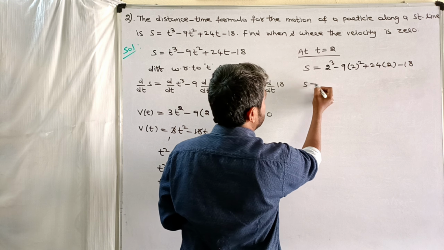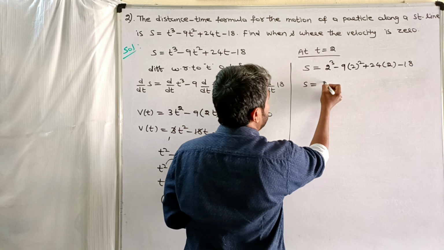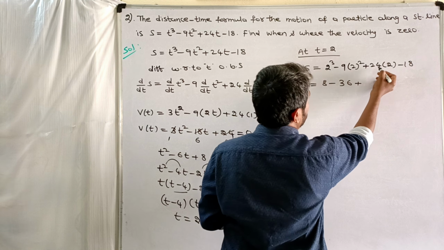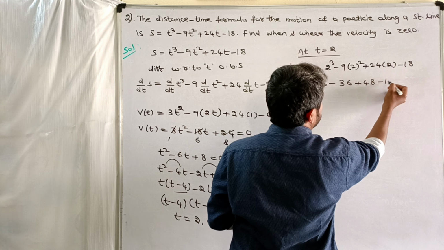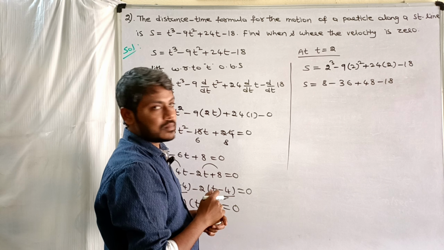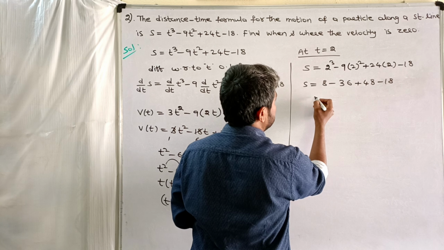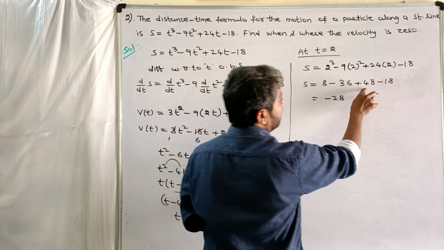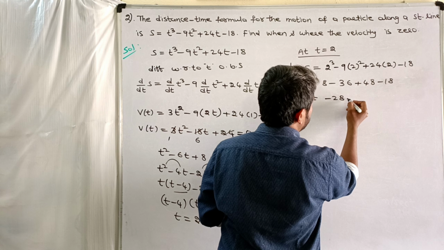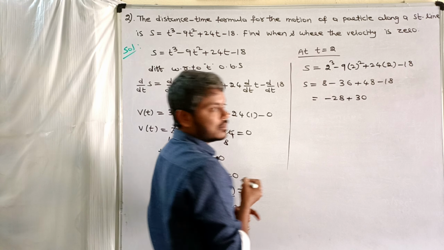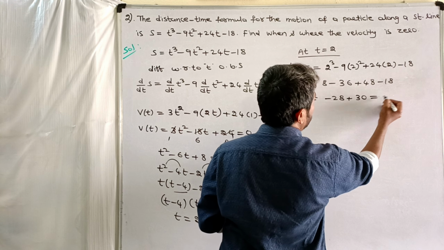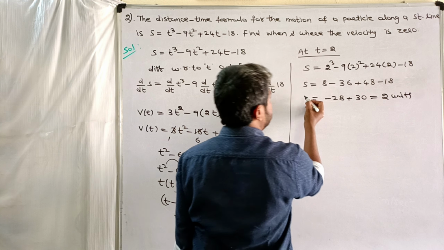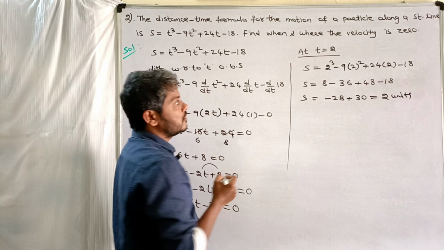Now S equals 2 cube is 8, 4 nines are 36, 24 twos are 48, minus 18. 8 minus 36 is minus 28. 48 minus 18 is 30. 30 minus 28 is 2. S equals 2 units. That is the first one.